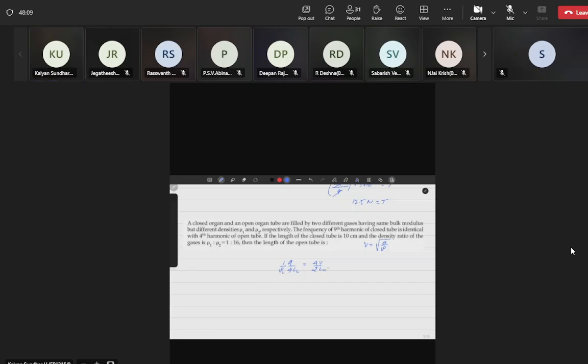Closed, under the root. The fourth harmonic is for the open tube, right? 9V by 4L.